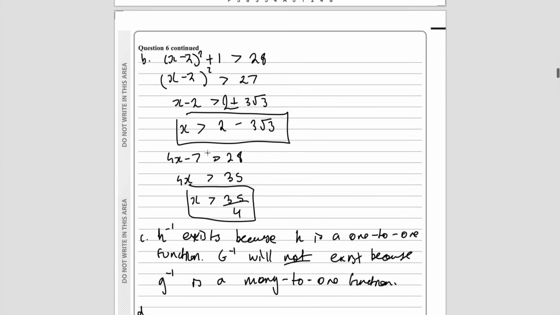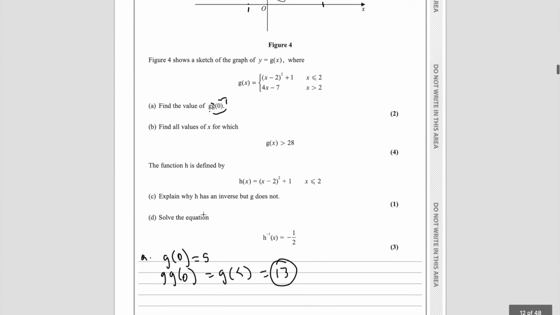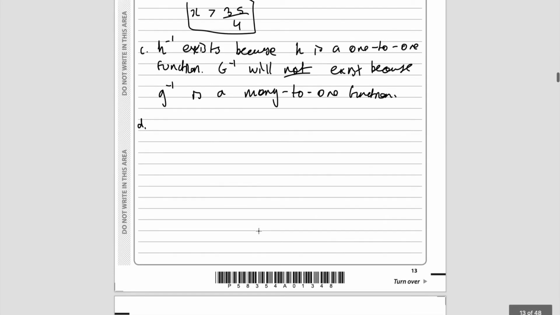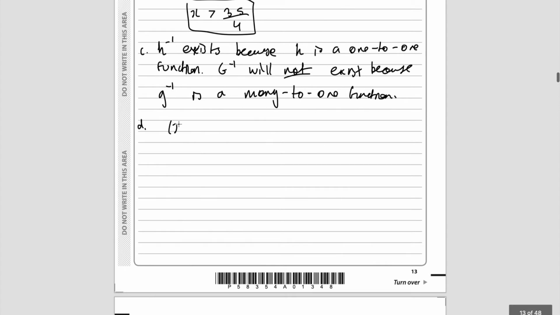For part D of this question, which is the final part of this question, we're asked to solve the equation h inverse of x equal to minus a half. The function h is (x minus 2) squared plus 1. To find the inverse, we need to use our old trick of setting y equal to the function and then rearranging to make x the subject.